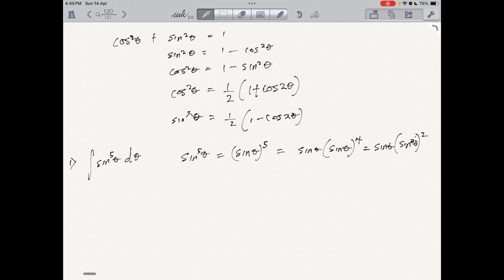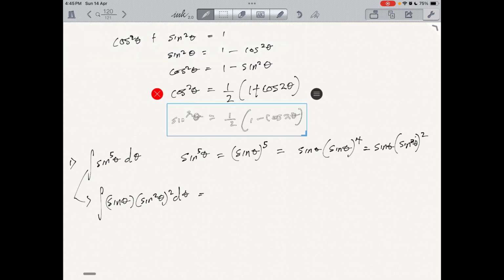So, since we know that this is the integral of sine theta multiplied by sine squared theta squared d theta, we can now make our substitution of sine squared theta in terms of cos 2 theta.